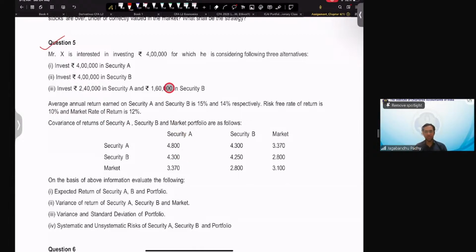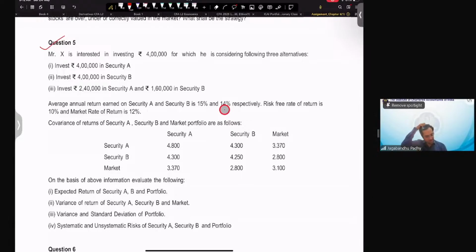Mr. X is interested in investing 4 lakh, for which he is considering the following 3 alternatives. Either to invest in A or in B, or 2 lakh 40 in A and 1 lakh 60 in B. The average annual return on security A and B is 15% and 14% respectively.